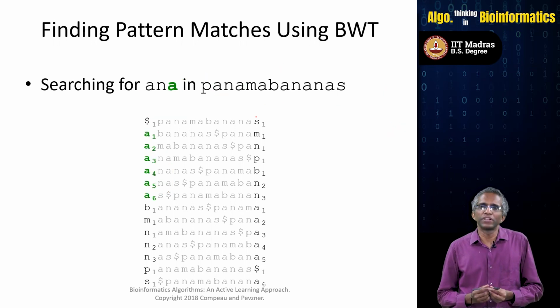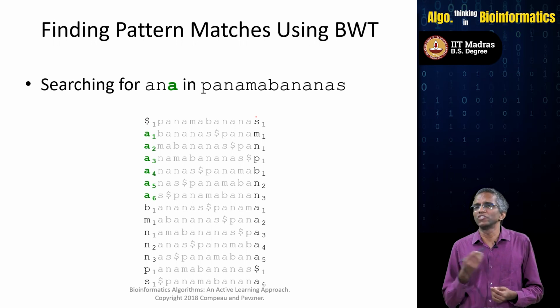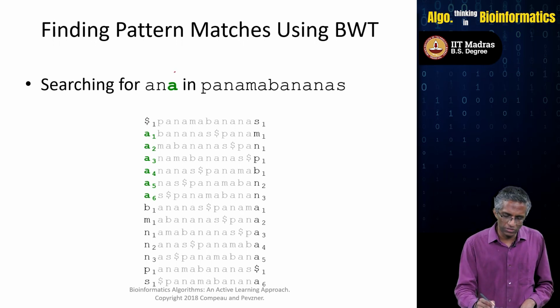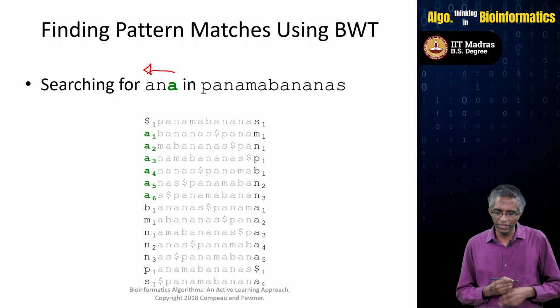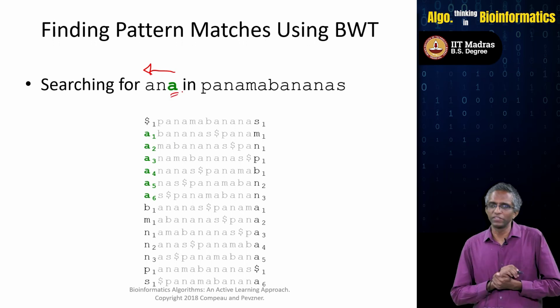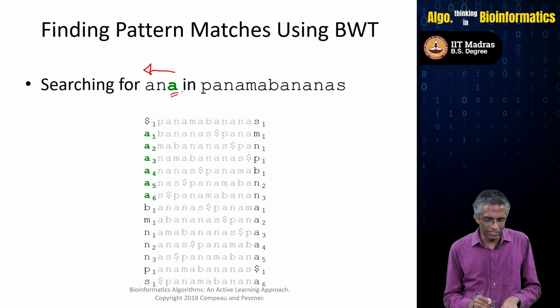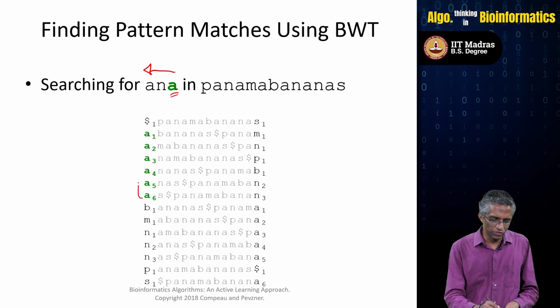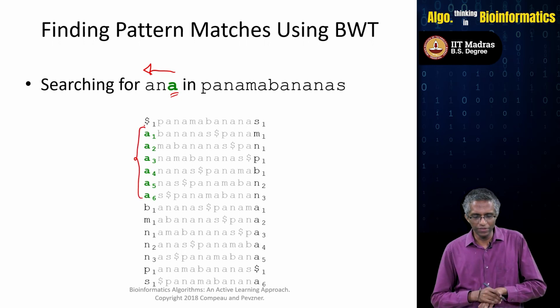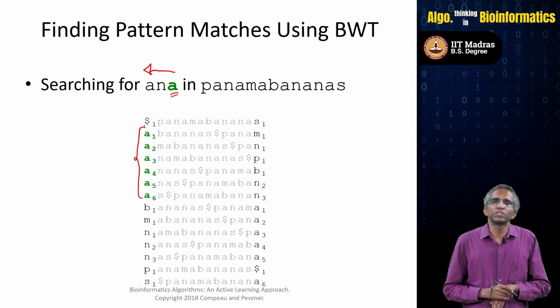If you want to search for Anna, the way that we reconstructed a genome in the reverse direction, we will also search for a pattern in the reverse direction. We'll start with the last letter in the pattern, A, and look at where it hits in the first column. So these are the 6 A's. Then we ask what is the previous letter.